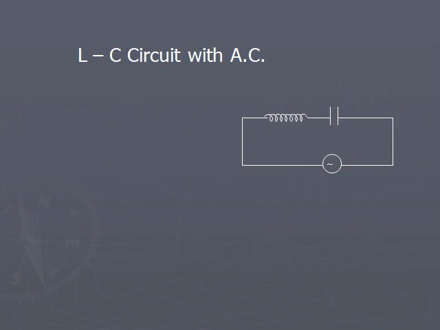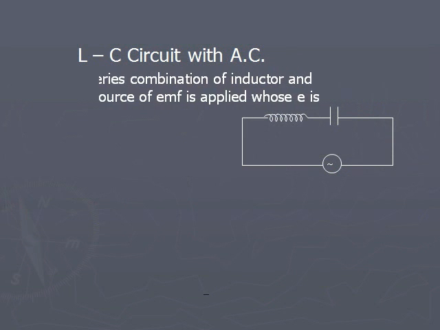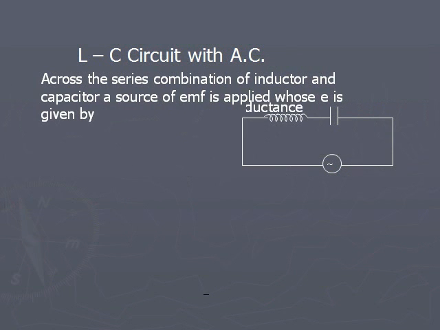Let us discuss an LC circuit. An inductor and a capacitor are connected in series, and an alternating EMF source is applied across this series combination. Let us suppose the EMF is given by E = E0 sin omega t.